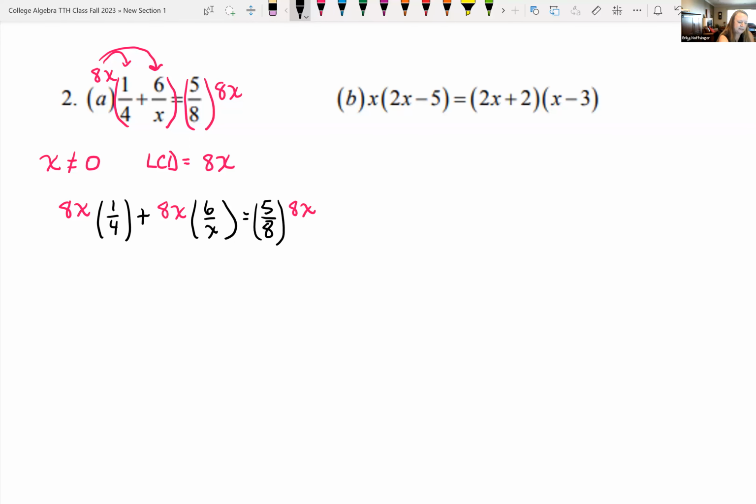So now let's simplify. 4 goes into 8x 2x times, so we're left with 2x for that first term. Plus, 8x times 6/x, the x cancels, and we're left with 8 times 6, which is 48.